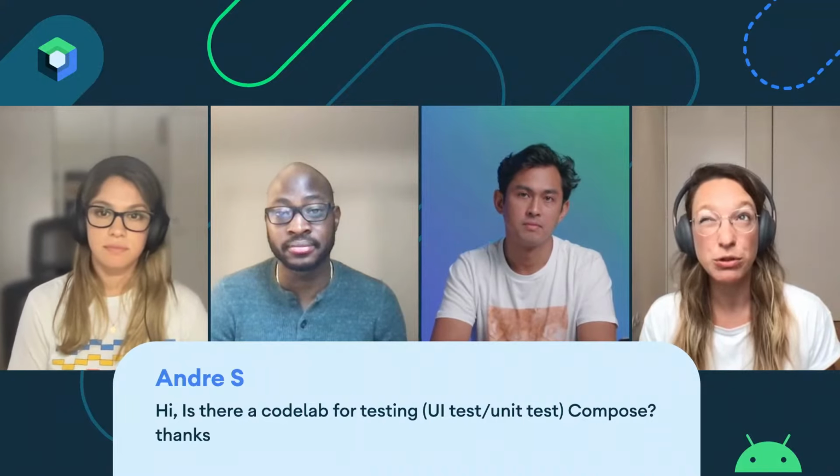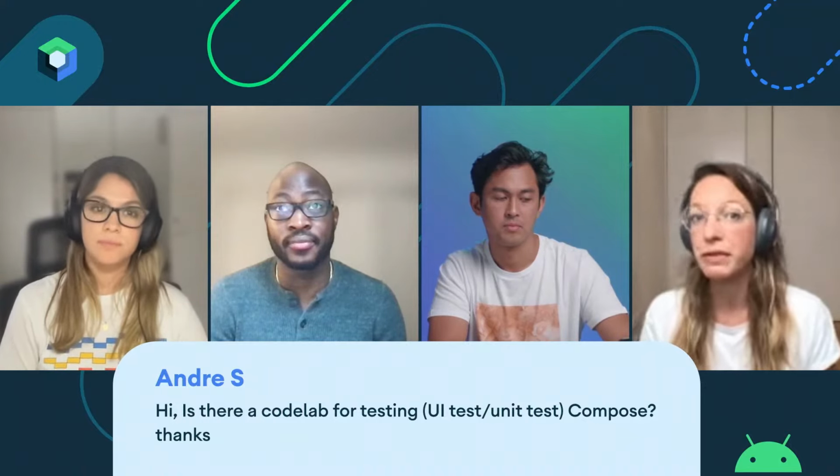You can Google for Compose testing code lab and that should help you find it. It helps you write a UI test and a semantic UI test. And I think, if I'm not mistaken, it also does a quick screenshot test, which is more of a visual test of, okay, are your pixels doing what you want? I think that is the short answer to your question.